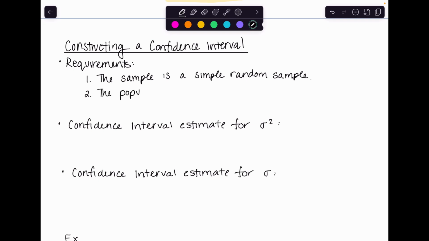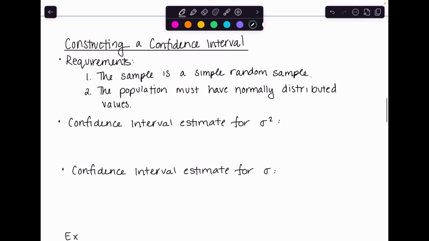The population must have normally distributed values. So as long as these two things are satisfied, we can go ahead and find the confidence intervals for both our variance and our standard deviation.